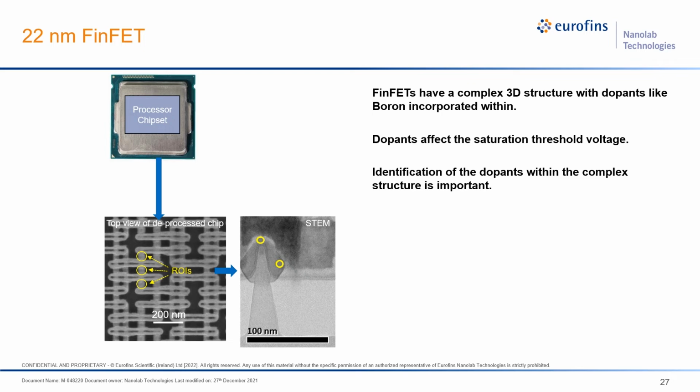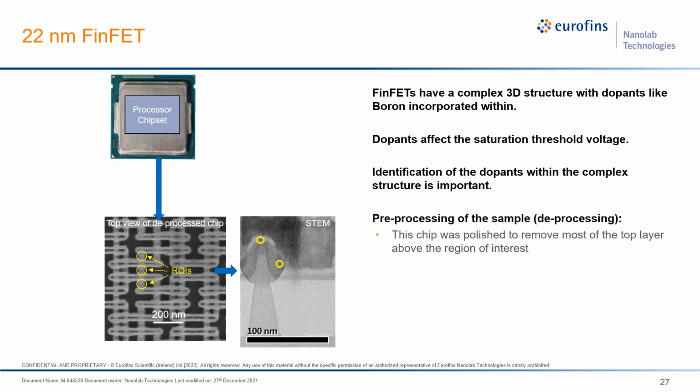For these specific examples for FinFET devices, we do need to process the chipset a little bit further. So we go through a deprocessing step. The first is to polish and remove all of the top metallic layers so we can get all the way down to the region of interest.